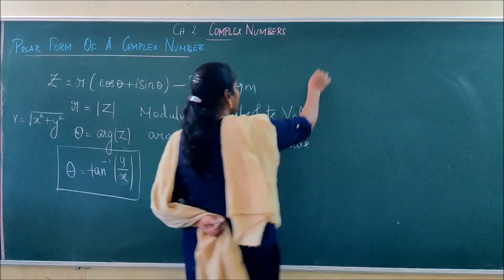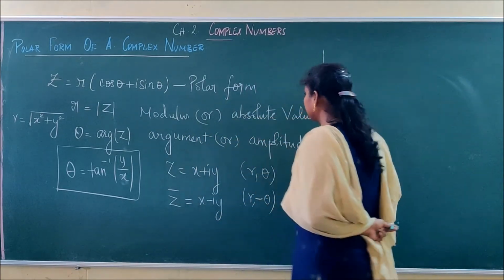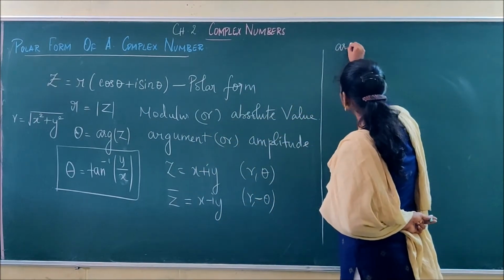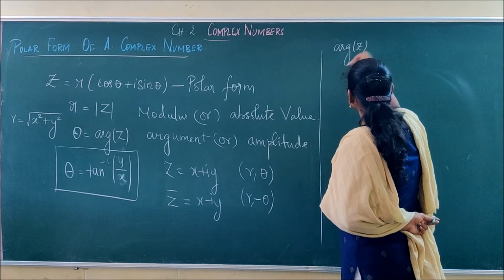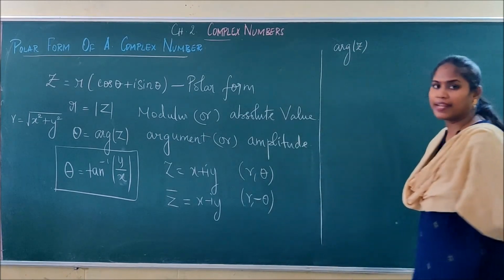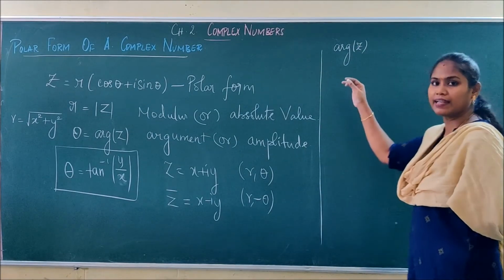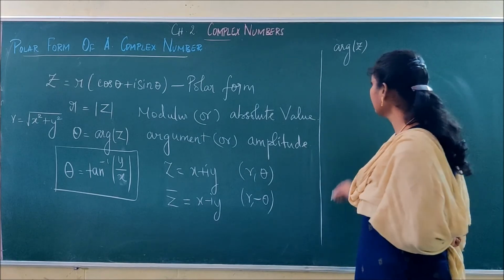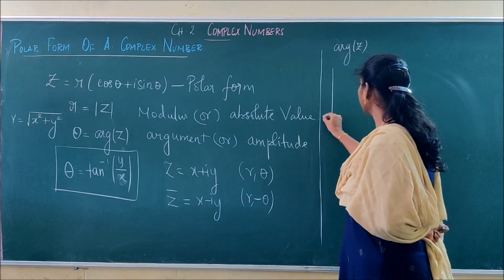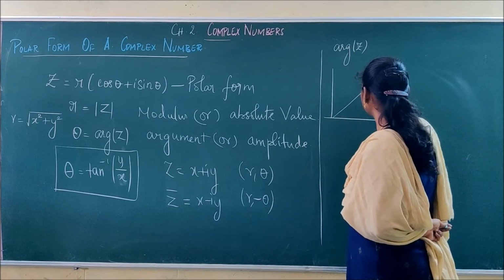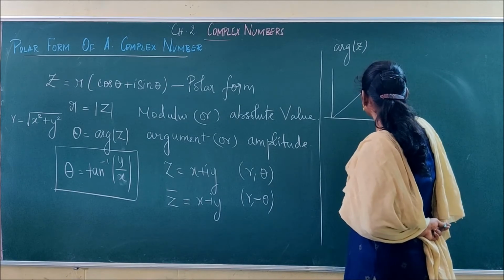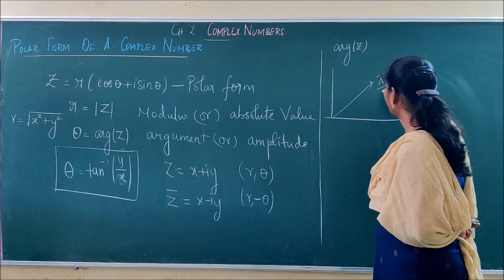Now what we are going to see is the value of the argument of z. The argument of z will vary. It has infinitely many possible values. For example, I am going to take an angle of pi by 3.